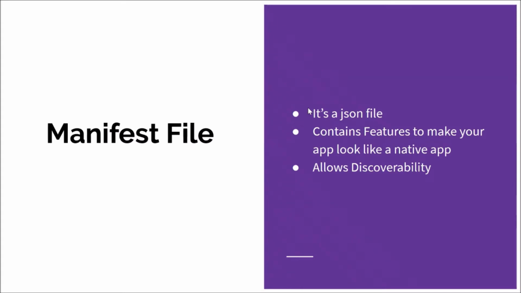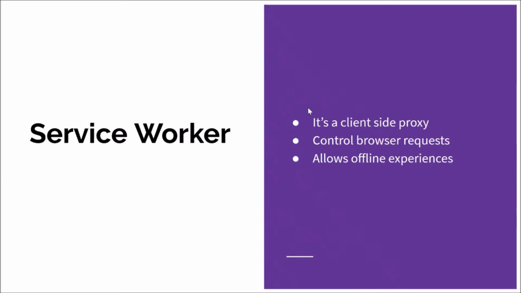It's the one that will be in charge of setting how your app is going to look, okay? And we have the service worker, the one that we were talking about before. What is a service worker? It's a client-side proxy. It's the one that really allows the user to have the offline experience. And let's see how it works.